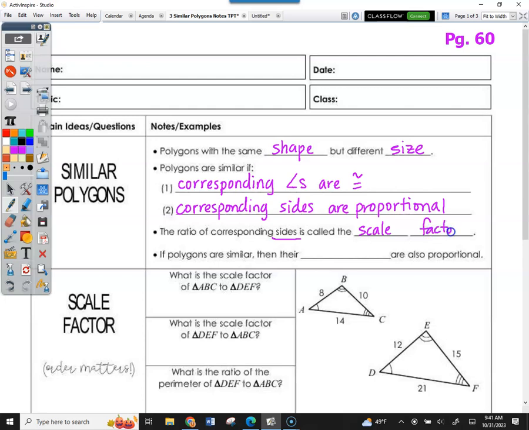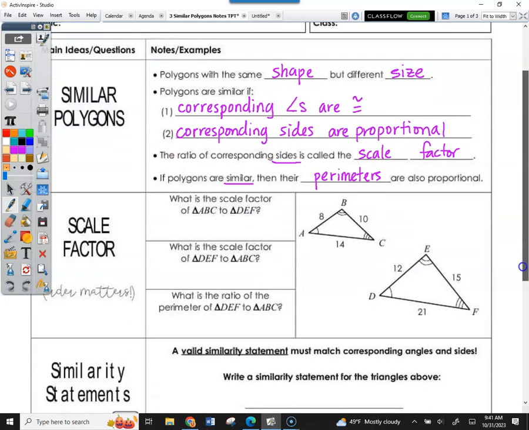We've already worked with scale factor. We've worked with dilating shapes when given the scale factor. We've worked with finding the scale factor from a picture where the shape has already been dilated. If polygons are similar, then their perimeters are also proportional. Perimeter, meaning the distance around the shape.